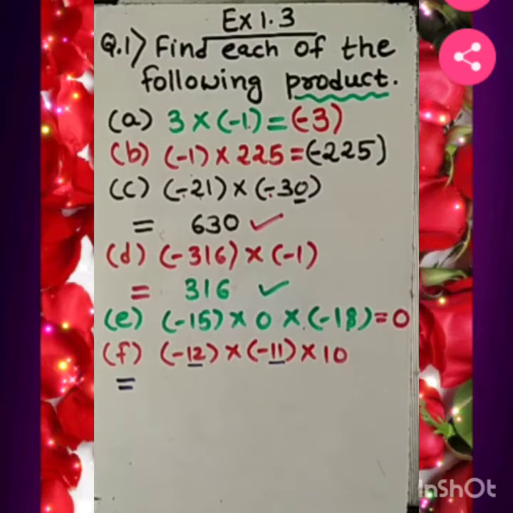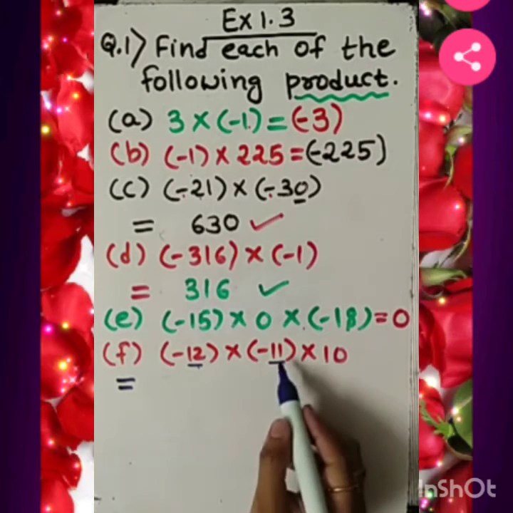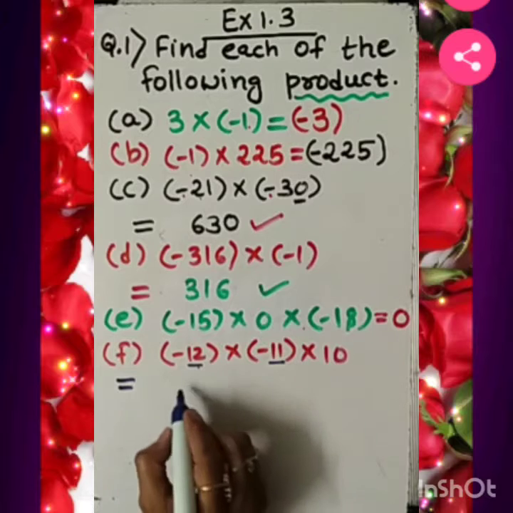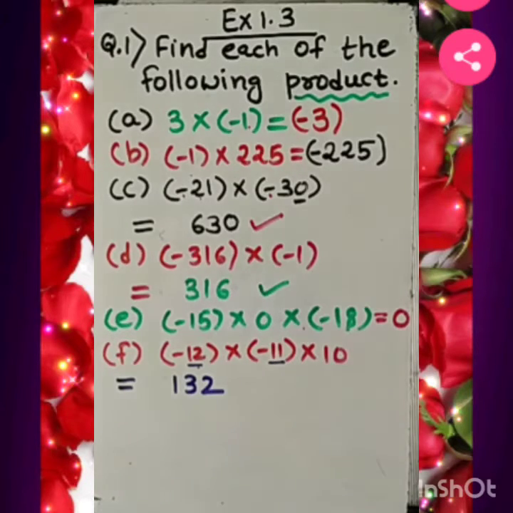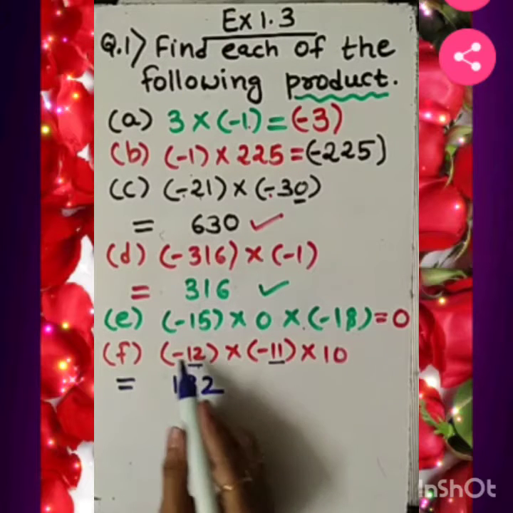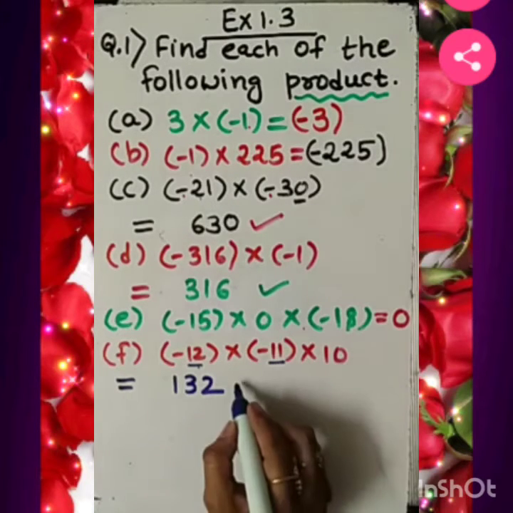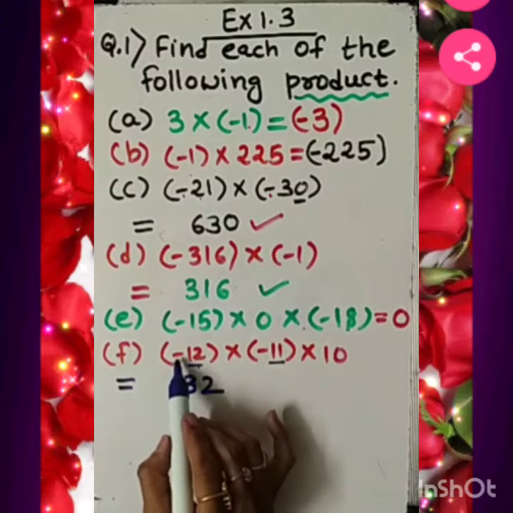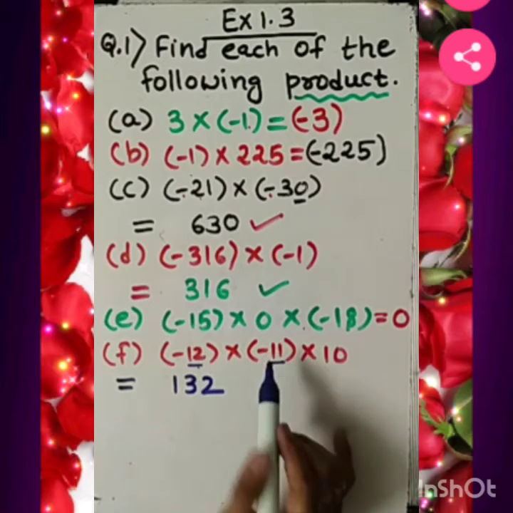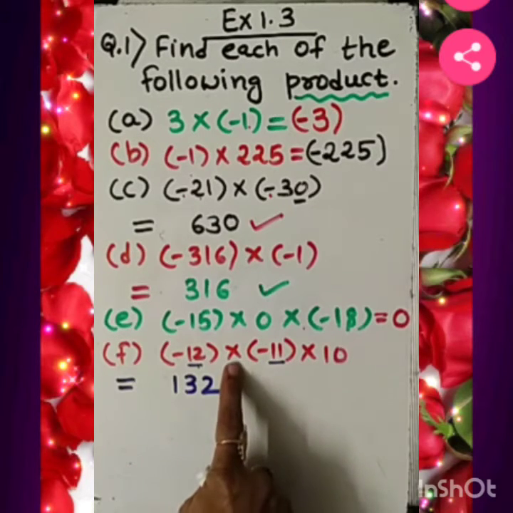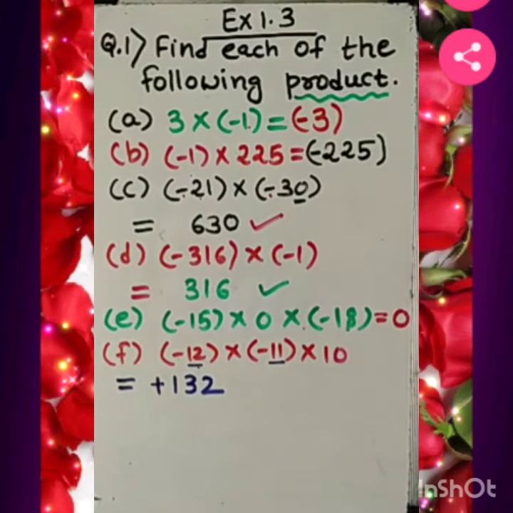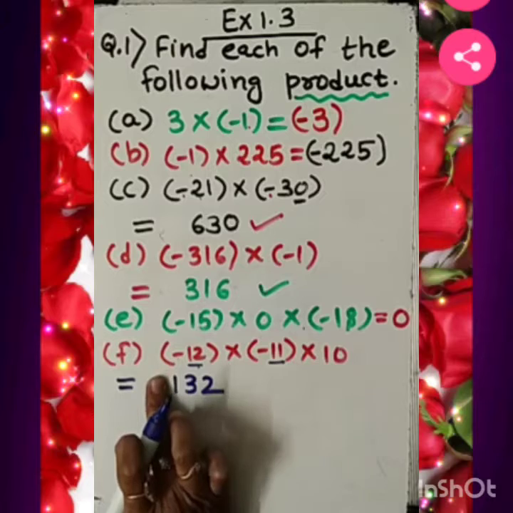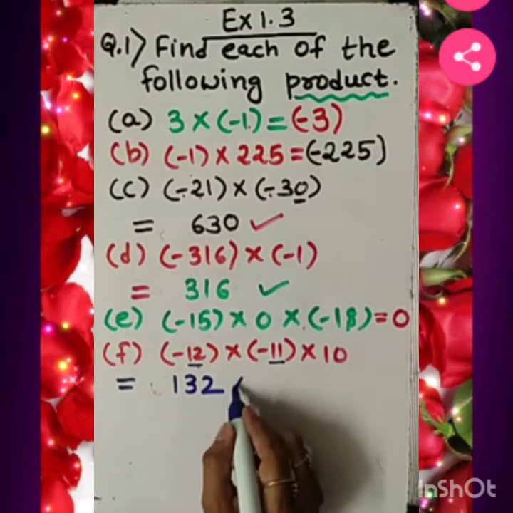In your rough column, you multiply 12 into 11 and get 132. Let me explain the sign first: minus and minus, 2 times minus in a product, so this number will become positive itself. No need to mention plus, it will remain hidden.